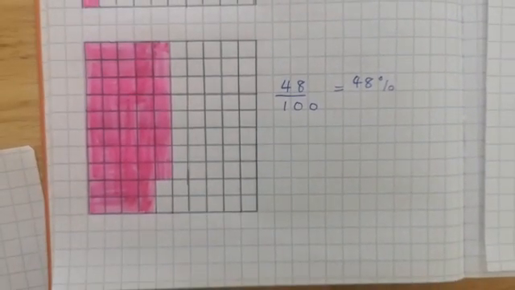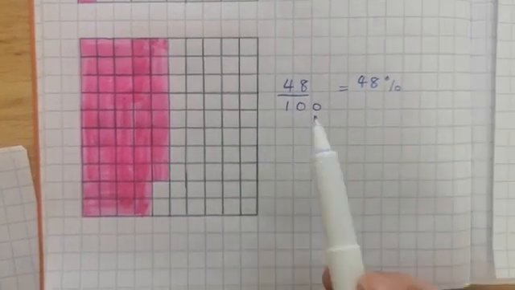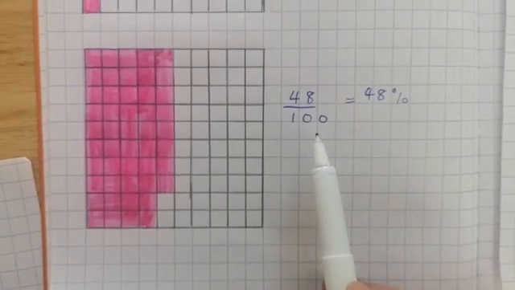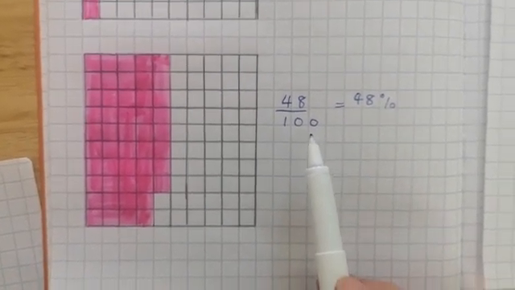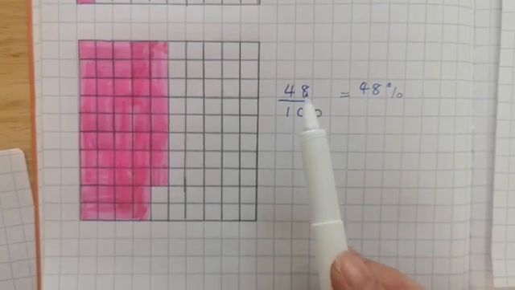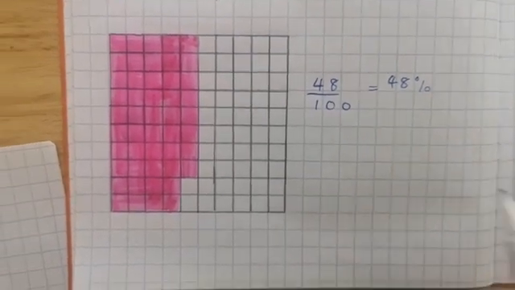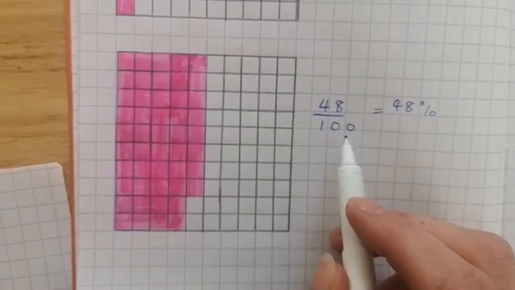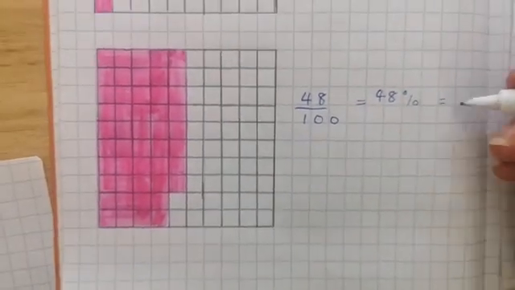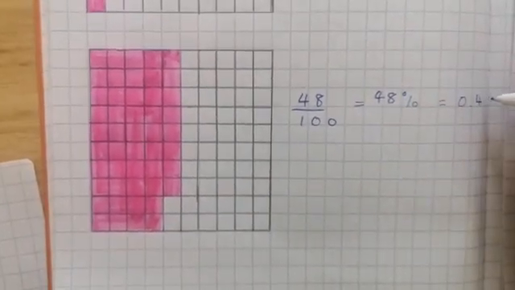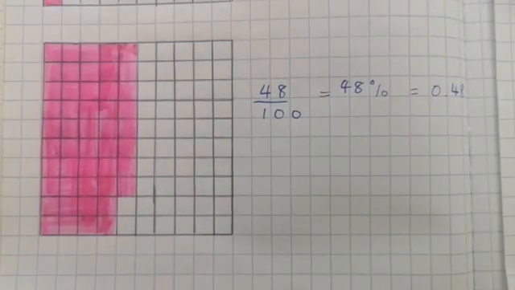And again, if I want to write that as a decimal, I need to think about what 48 hundredths is. This time I can't simplify it quite as easily. I can obviously divide them both by 2 or by 4, but I can think about what 48 hundredths would be. That would give me 0.48.